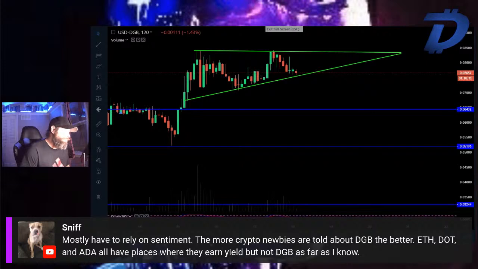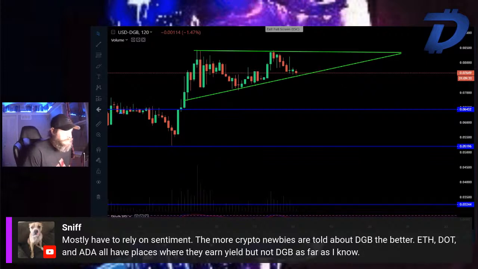Well, I believe DGB, Sniff, is going to be tied with the wrapped REN DGB, meaning REN protocol wrap for ERC20 tokens. Much like you can use wrapped DGB for Bancor, where it bonds to Bancor. Basically you lock your DGB in that REN protocol connected to Bancor, and then Bancor would give you dividends. So that's how the liquidity for DGB would work.